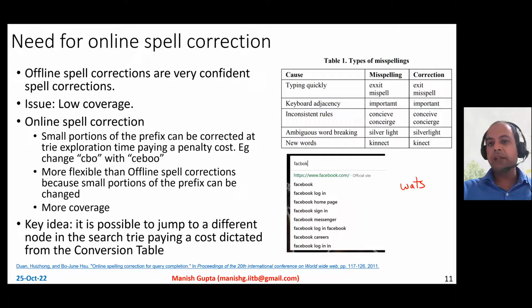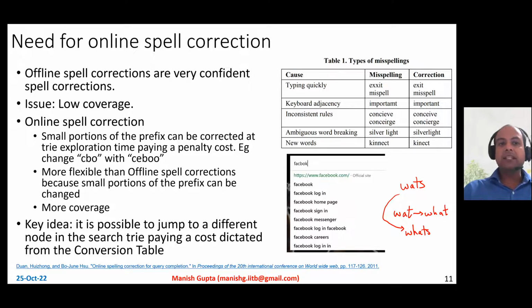Now, it might be a good idea to apply some sort of conversion rule. Let's say you have a conversion rule which says that you can convert WAT to WHAT, then what you would do is convert WATS to WHATS and then search into the trie. Okay? So this kind of online spell correction needs to be there to improve the coverage of the spell correction mechanism, right?